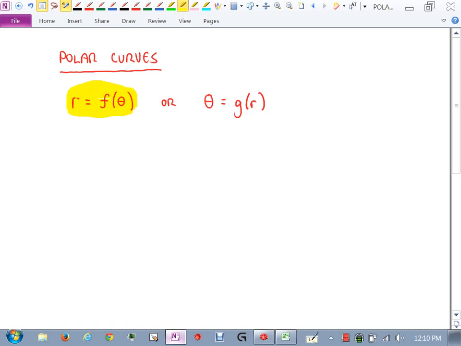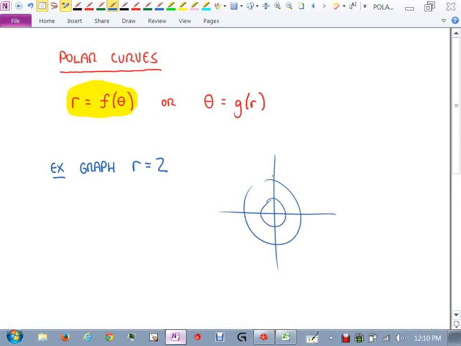So I'm about to give you an example, and we're going to graph it. I would like for you to graph r equals 2. This is trivial, okay? But let's just do it real quick. So what that means is on your graph paper, you have these circles in there.